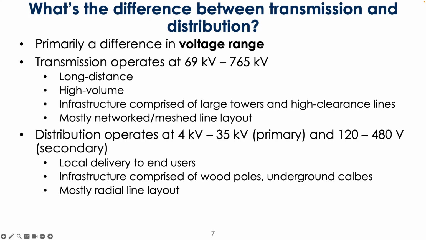Yes? What's the difference between the types of line layouts, like the radial line versus the other? We're going to talk about that, and it has to do with redundancy, cost, and the way that the network is laid out, which basically dictates the way in which electricity can move from point A to point B. We're going to talk a lot more about interesting topologies in the distribution system.